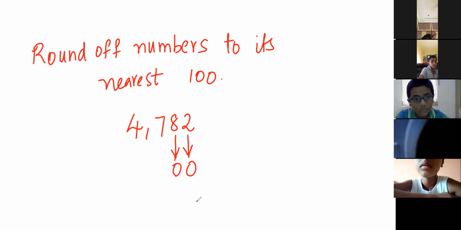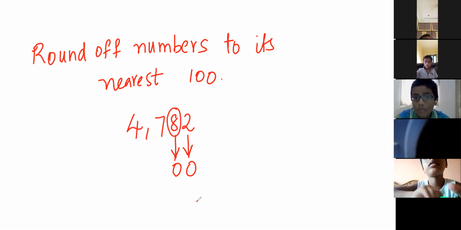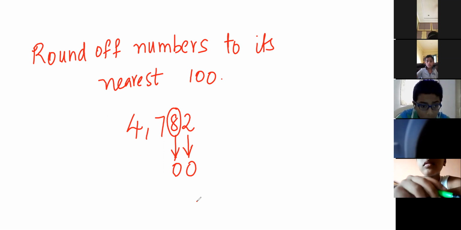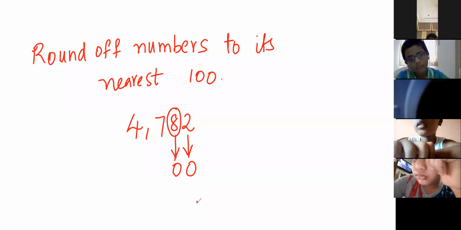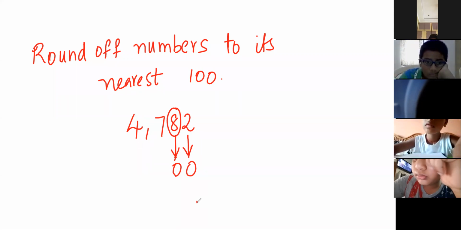And now look at the number, which is what here? 8. Now again the same thing you apply. What you did in the ones place, you checked whether the given number was greater than 4 or less than or equal to 4, right?